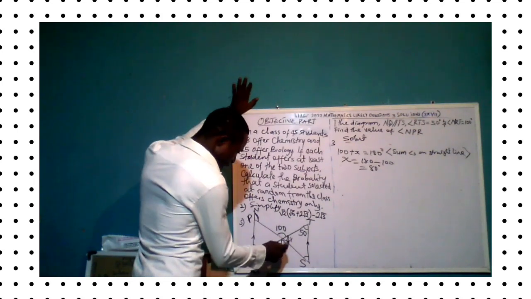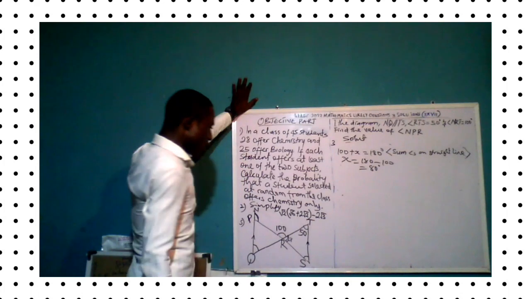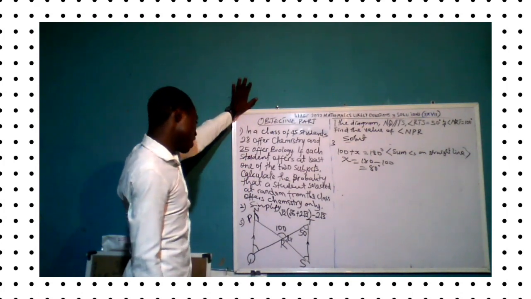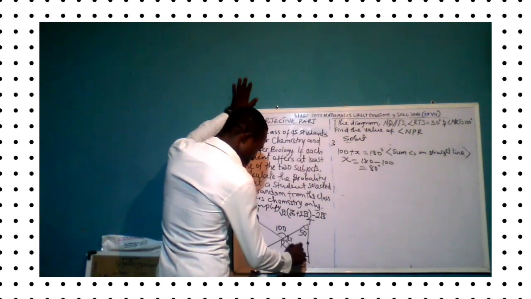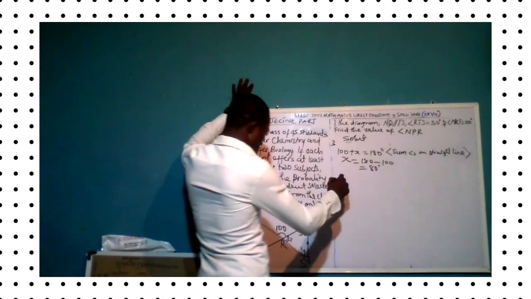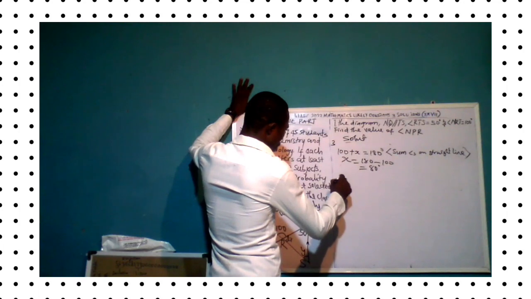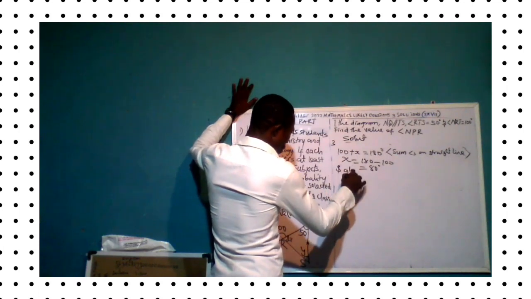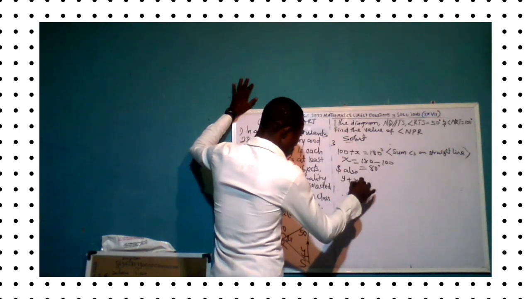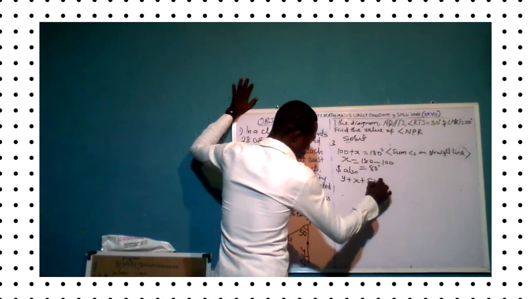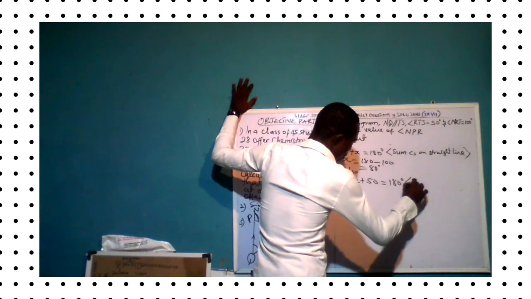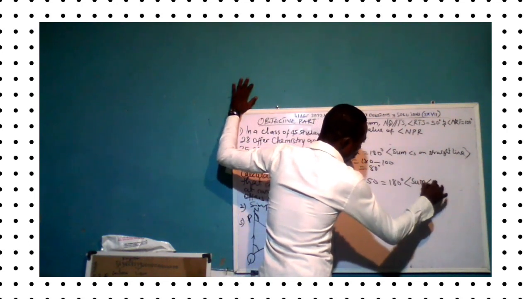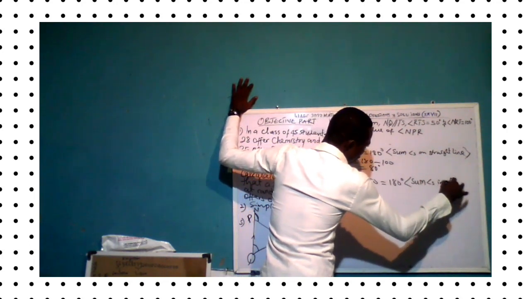And you know that this angle plus this angle plus this angle gives you the sum of angles in a triangle. Call this y. Therefore, y plus x plus 50 is equal to 180 degrees. The reason is sum of angles in a triangle.